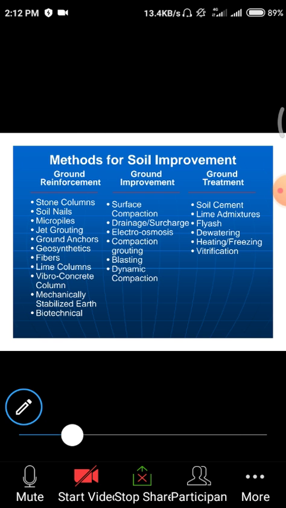To stabilize those kinds of structures, we generally build this type of stone columns as a foundation for them.